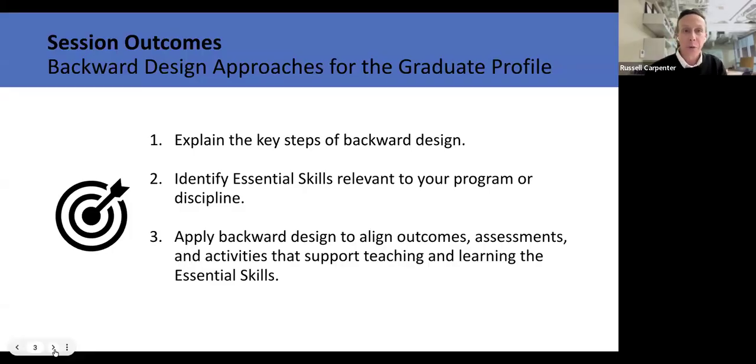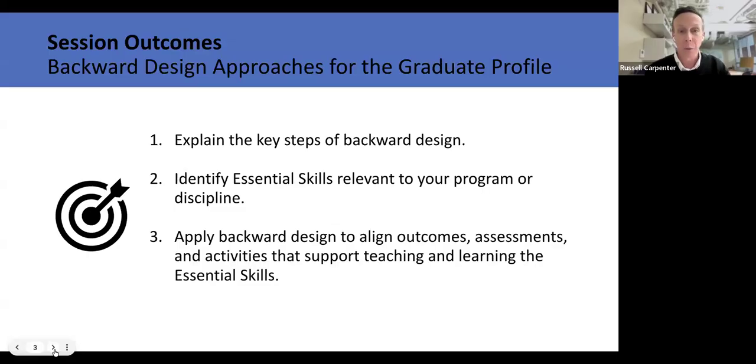In this webinar, we'll explore the key steps to backward design. We'll explain those very specifically and in ways that will be useful for you as you begin implementation and work through implementation at your institutions. We'll also identify the essential skills relevant to your programs and your disciplines and ways that you can use backward design to ensure that your courses are well aligned and teaching the essential skills that you are preparing for in your courses and in your programs.